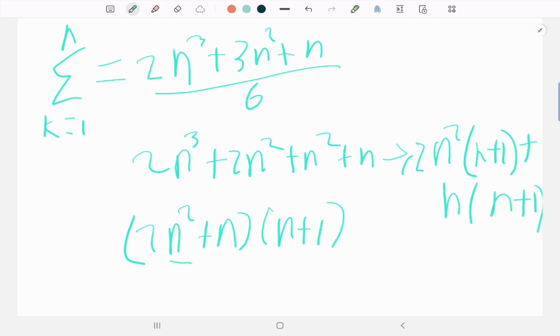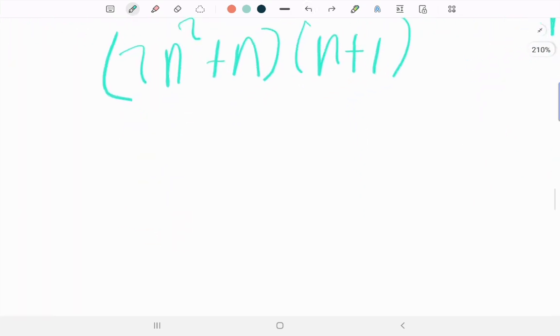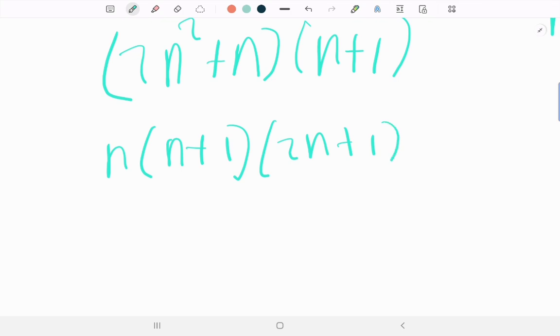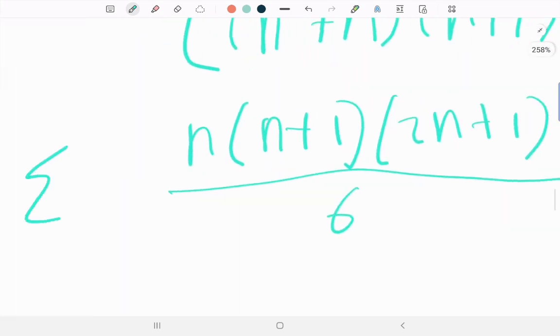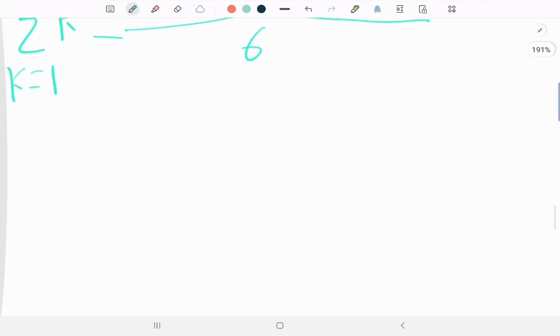So now this also has an n in both terms, so we can factor it out, and we get that n times n plus 1 times 2n plus 1 divided by 6 is equal to the sigma summation of k squared.